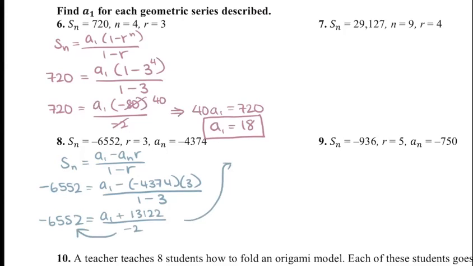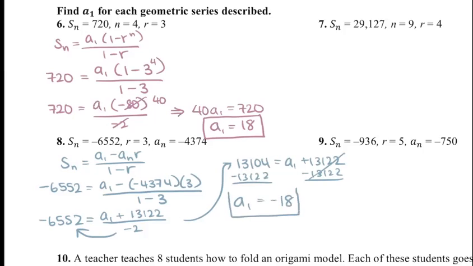So that gets me 13,104. And then I can subtract the 13,122 on both sides. That gets me negative 18. All right, that's a coincidence that it's so similar to this one. That is just purely coincidental. Okay, any questions on those?